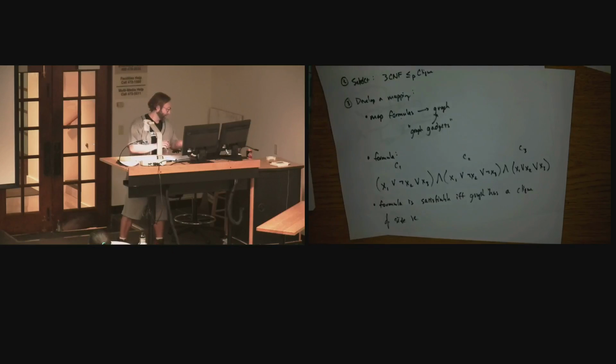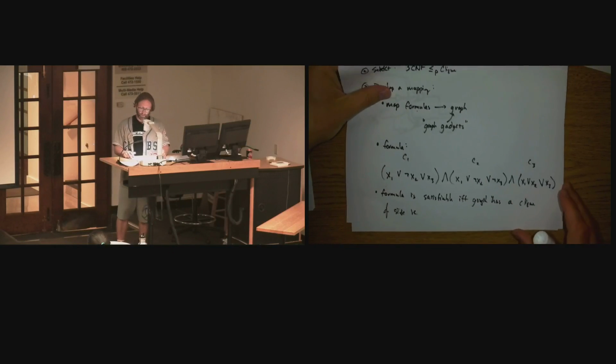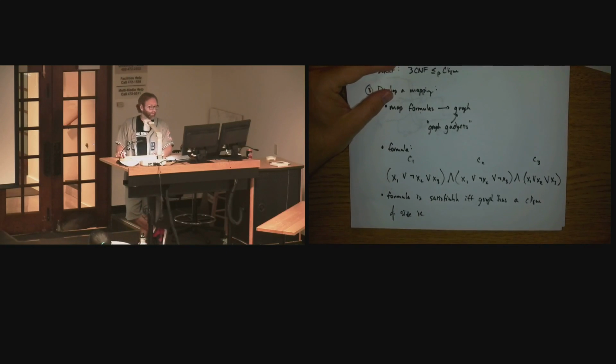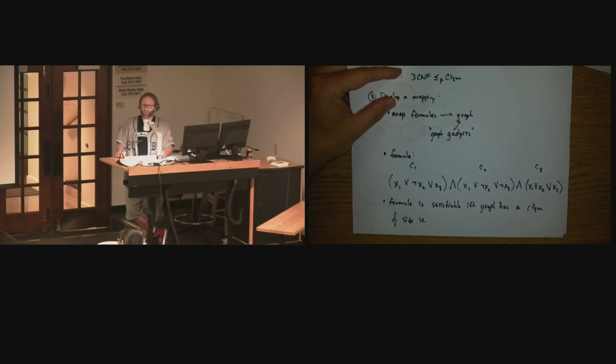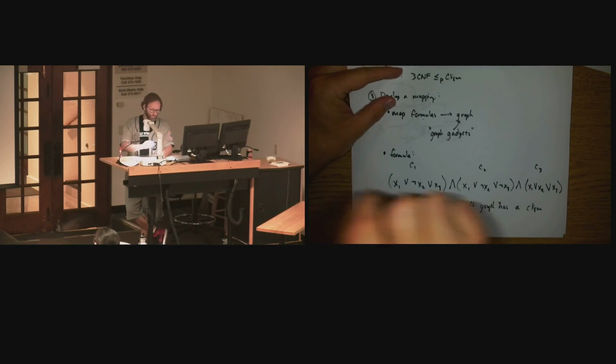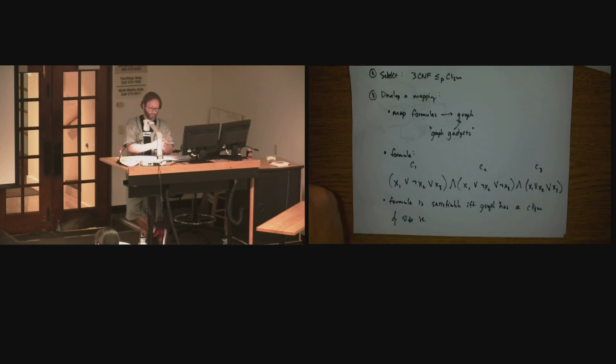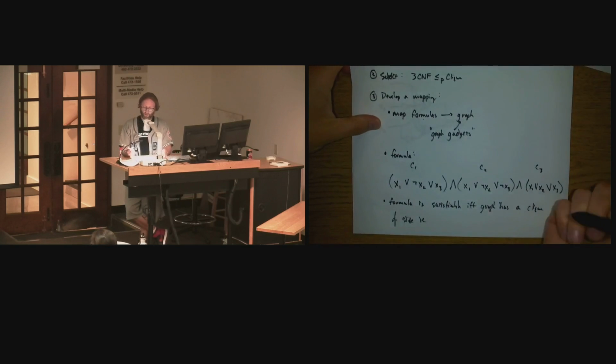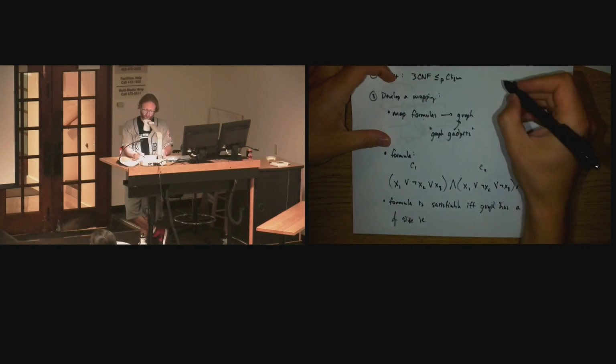Okay? Is this satisfiable? Can you come up with an assignment that makes this satisfiable? Well, we could do the brute force truth table, right? x1, x2, x3, 0, 0, 0, 0, 0, 1, dot, dot, dot.